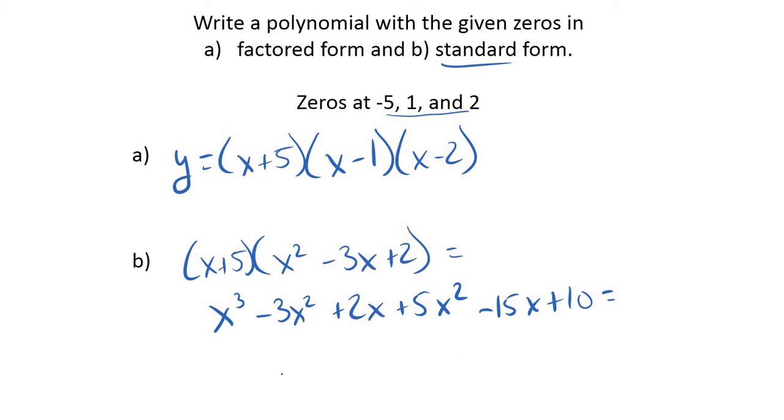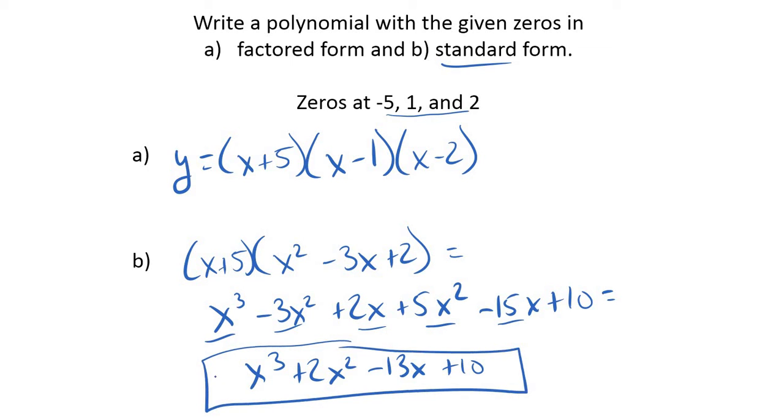Now combine like terms, so x cubed, got that guy, negative 3x squared plus 5x squared, that's 2x squared, so we got that. 2x minus 15x is minus 13x, and our constant term is left, plus 10. So this, and again I could do y equals here. This polynomial is the same as this. This one just happens to be factored.